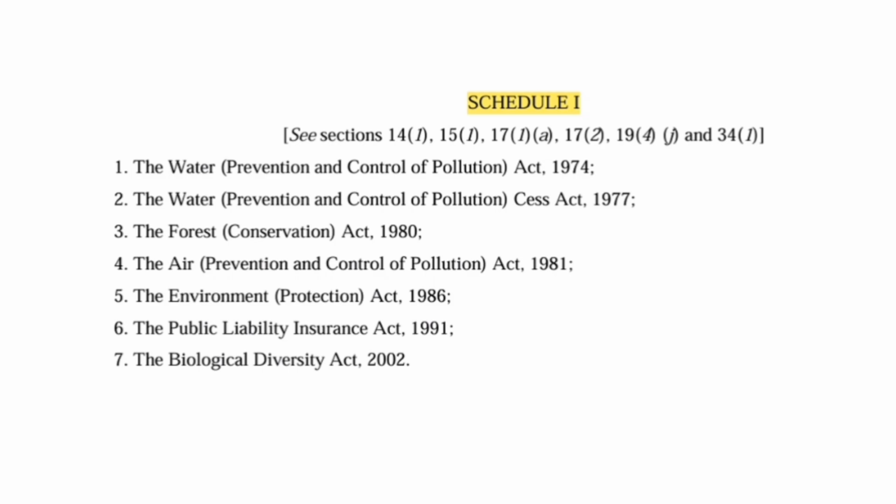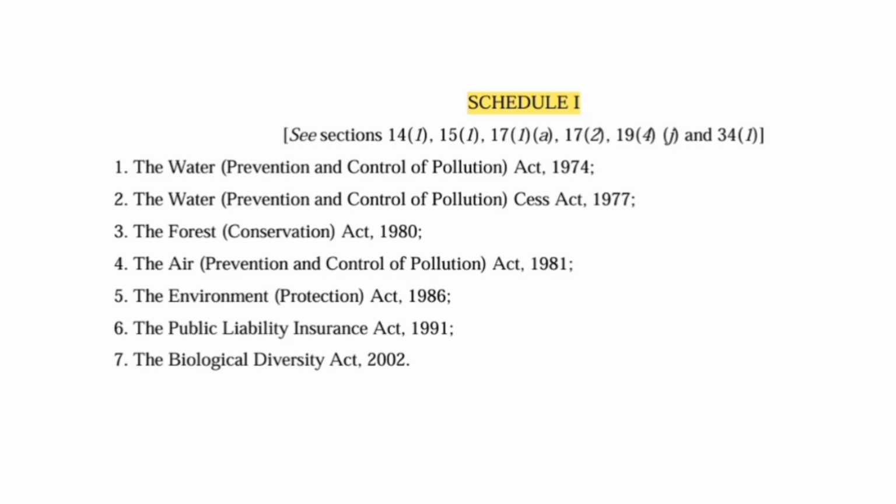For MCQ purposes, UGC NET will give 4 Acts and ask you to identify the odd one out. So you must be thorough with these 7 Acts to answer such questions. The question may be like, which Act is not included in Schedule 1 of the NGT Act? So let's memorize these 7 Acts first.